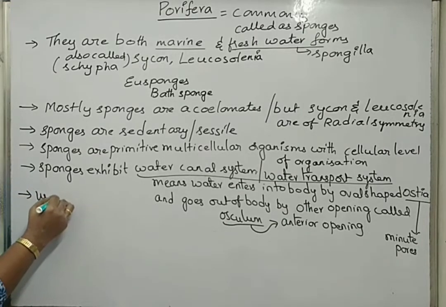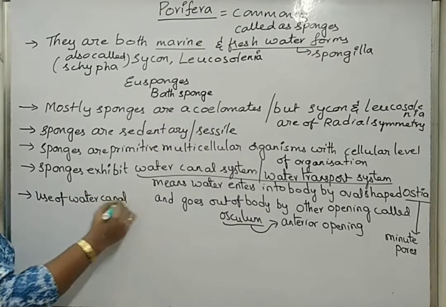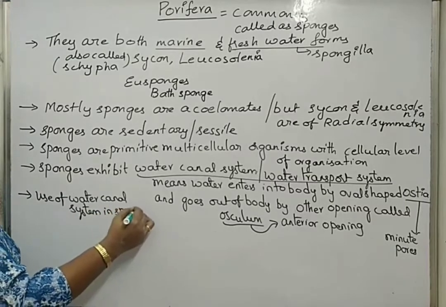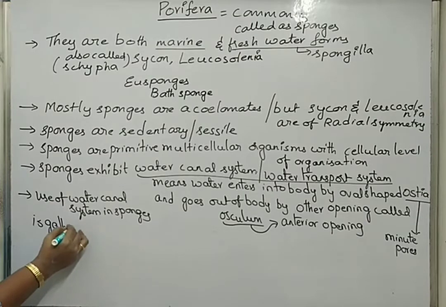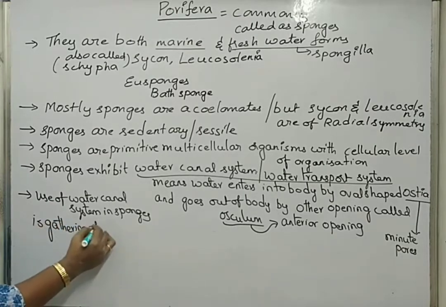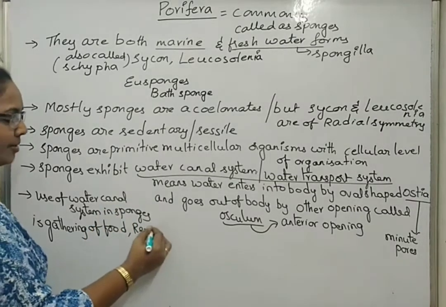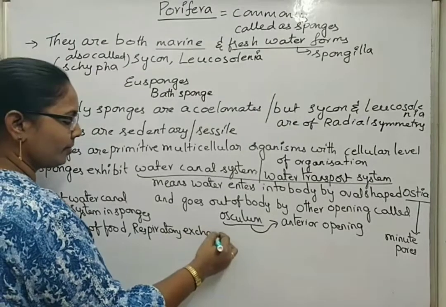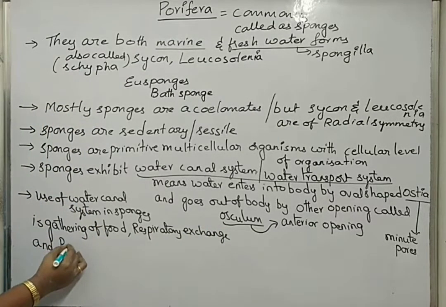So the use of the water canal system in sponges is gathering of food, respiratory exchanges, and removal of waste from the body.